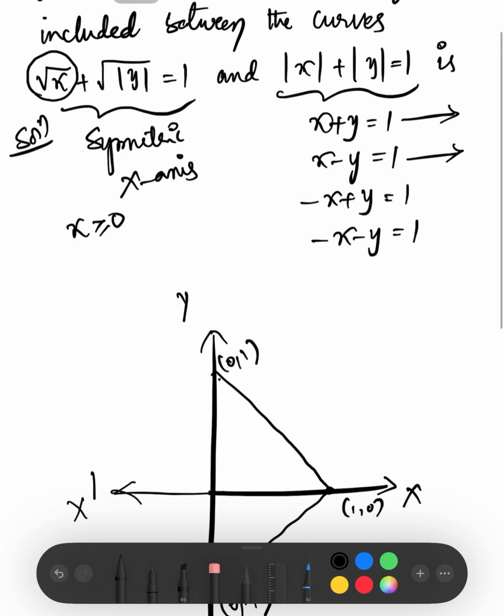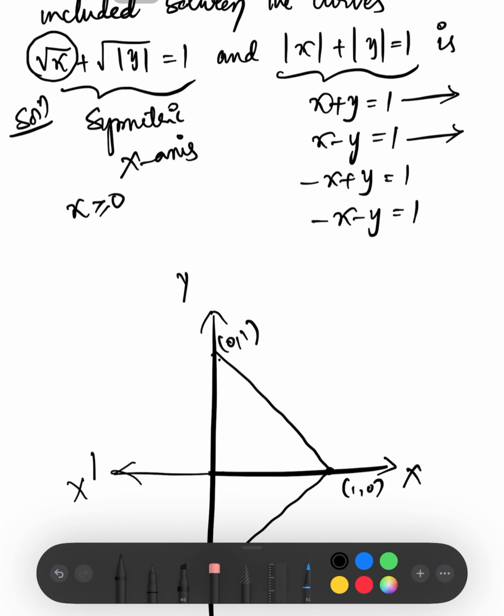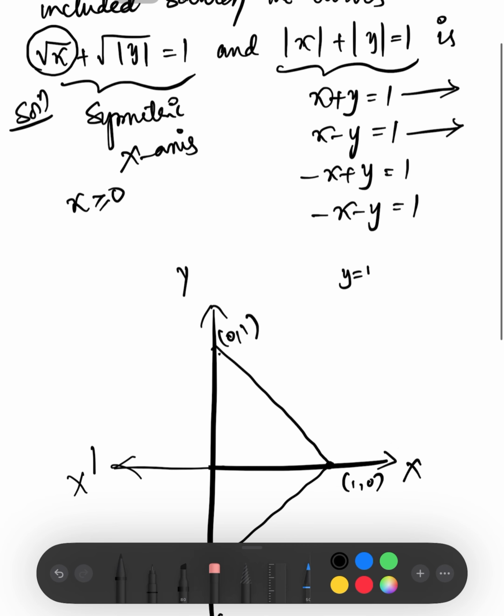Now coming to the first equation, root x plus root of mod y equal to 1. If you substitute y equal to 1, then root x plus root of mod 1, which is 1 only, so clearly x equal to 0.